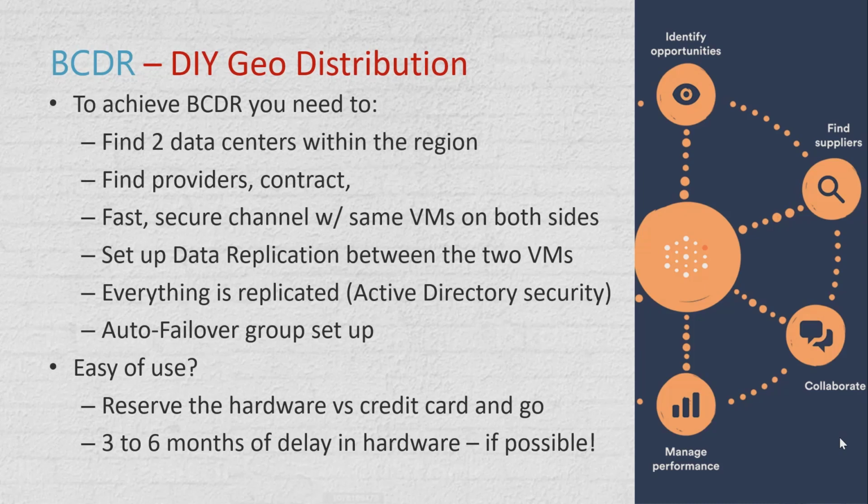And then, of course, you need to set up the auto failovers. So this doesn't really seem easy to use, does it? You have to reserve the hardware and go through all these equivalency and safety checks. Versus in the cloud, what you can do with managed instances is just get a credit card, put it in, and you can instantly have all of these features.